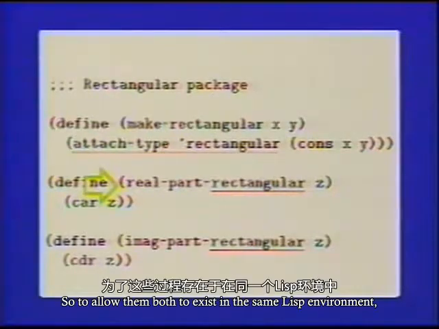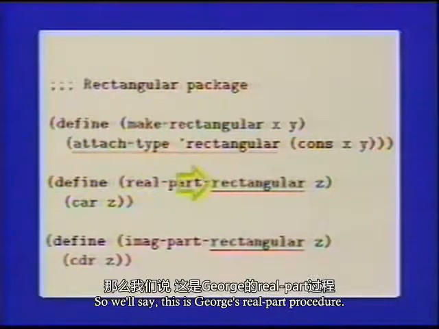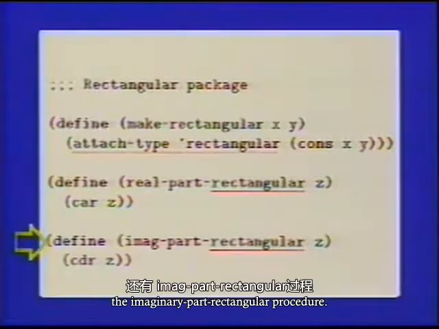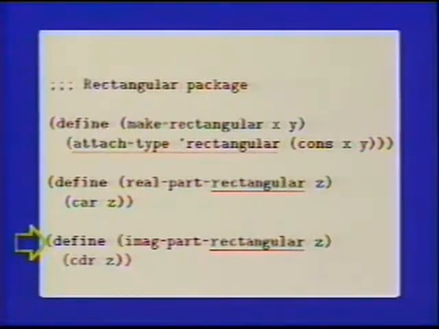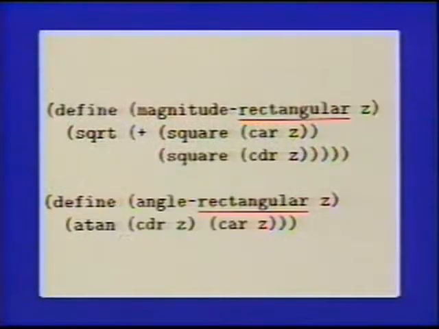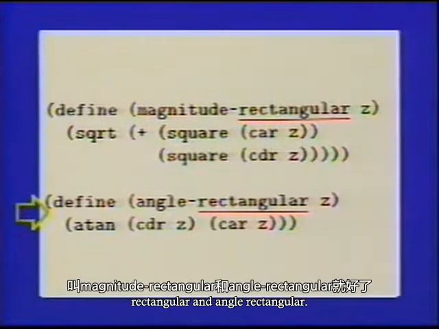So to allow them both to exist in the same Lisp environment, George should change the names of his procedures. So he'll say, this is George's real part procedure. It's the real part rectangular procedure, the imaginary part rectangular procedure. And then here's the rest of George's package. He had magnitude and angle, and just renames them magnitude rectangular and angle rectangular.